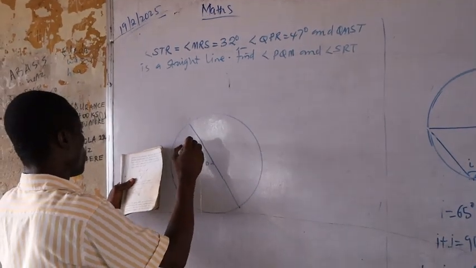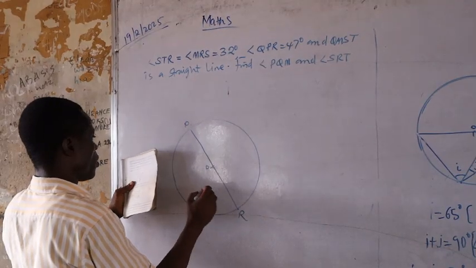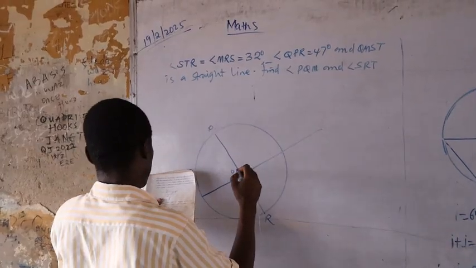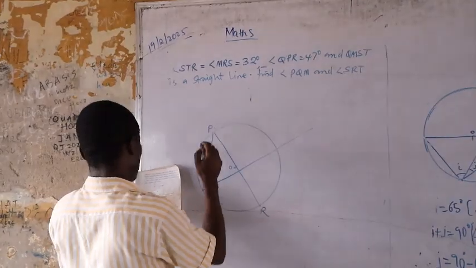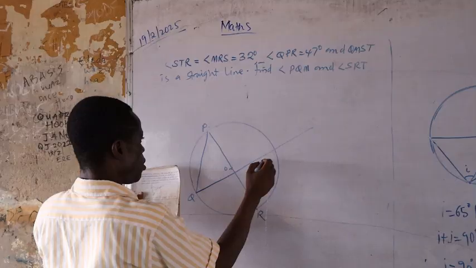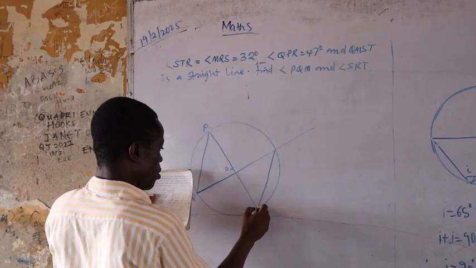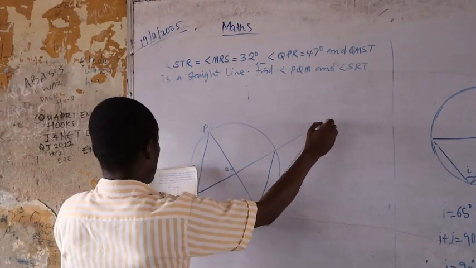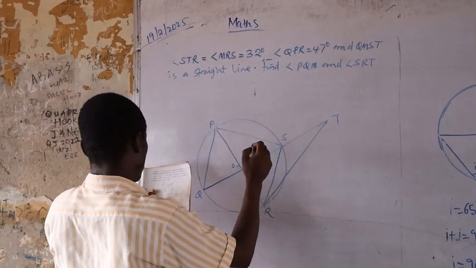This is O. We have this as P, R. Then we also have this line P, Q. We also have T, S. These 2 points are joined together.